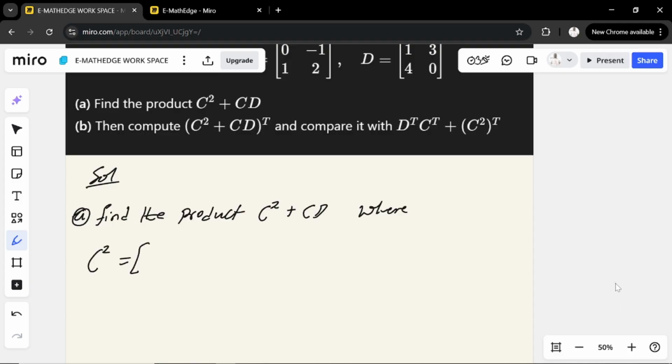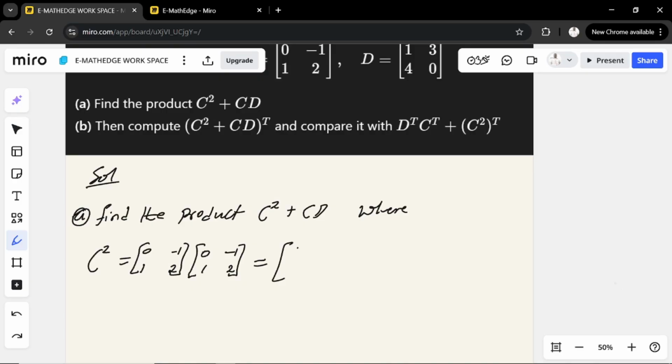And what is matrix C? Matrix C contains the elements 0, -1, 1 and 2. Multiplying itself, we are still going to have the same matrices, which is 0, -1, 1 and 2. And whenever you have a matrix multiplication like this, two matrices multiplying each other, what you are going to do is simple.